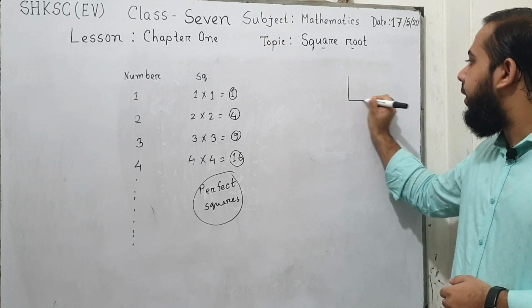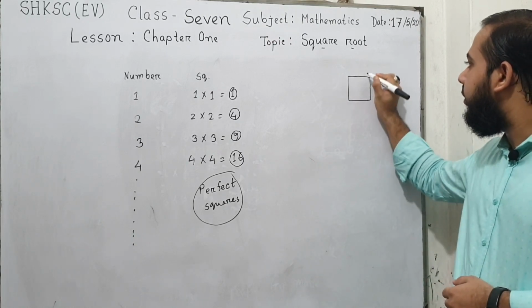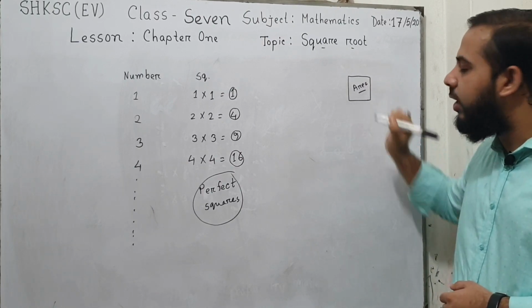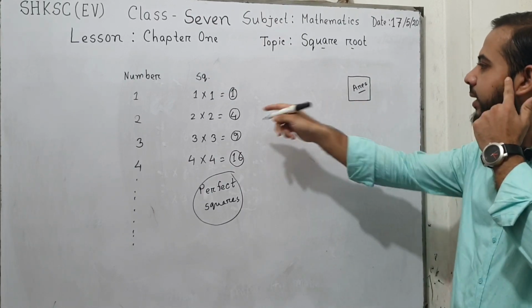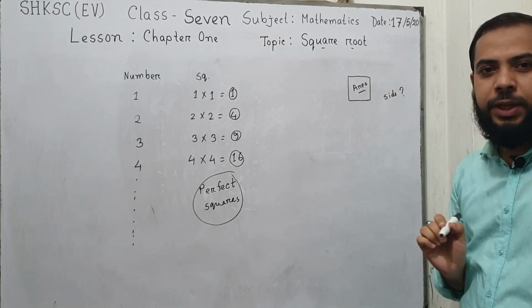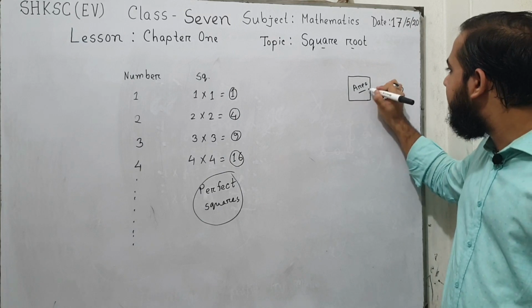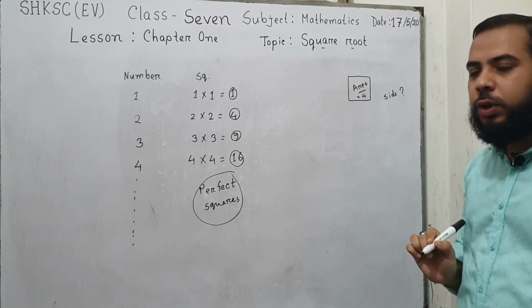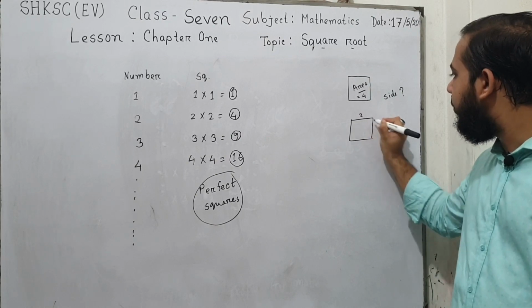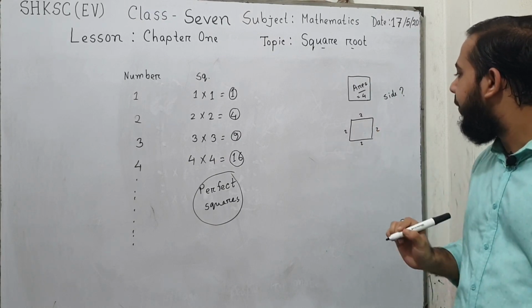Again, see, if you are given the area of a square and you are asked to find the side. What is the side of this area? If the area is 4, then this side is 2. How?